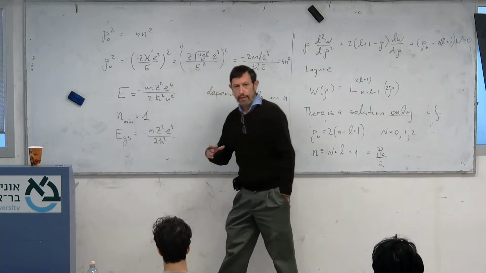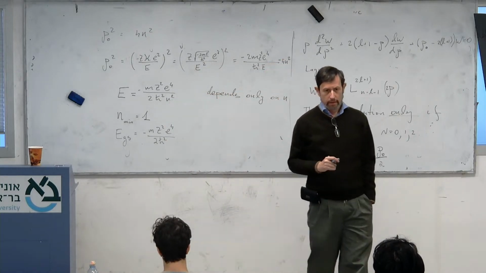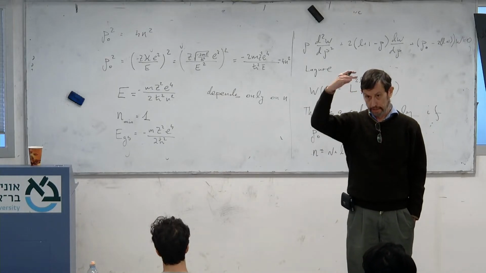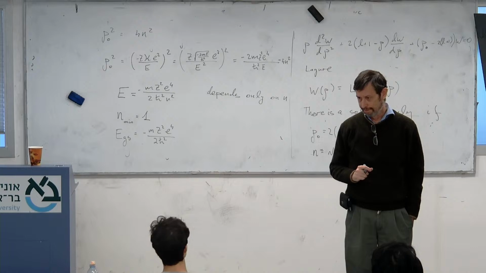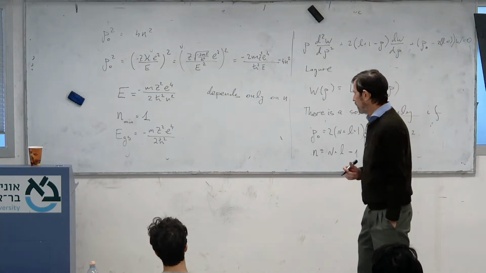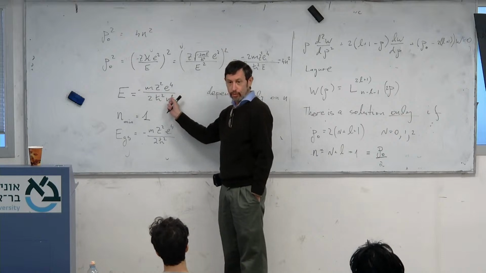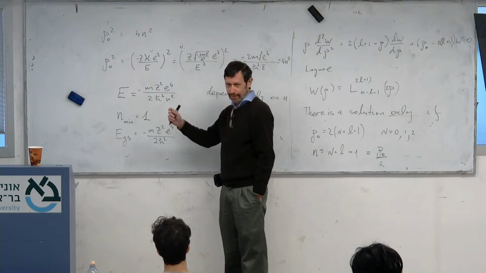Higher values of N are higher and higher, because the negative value becomes smaller. When N goes to infinity, we have energy 0.